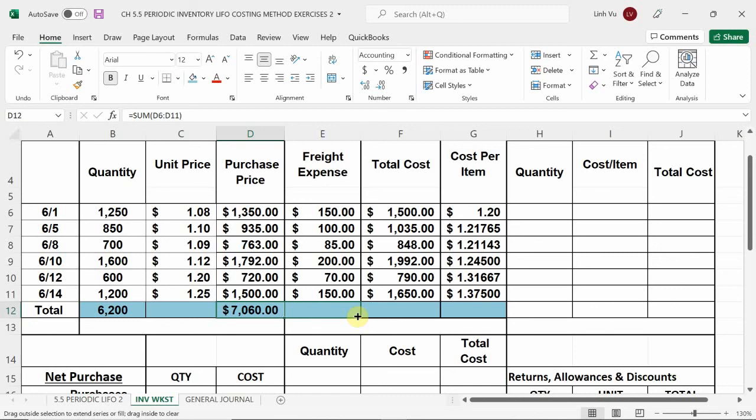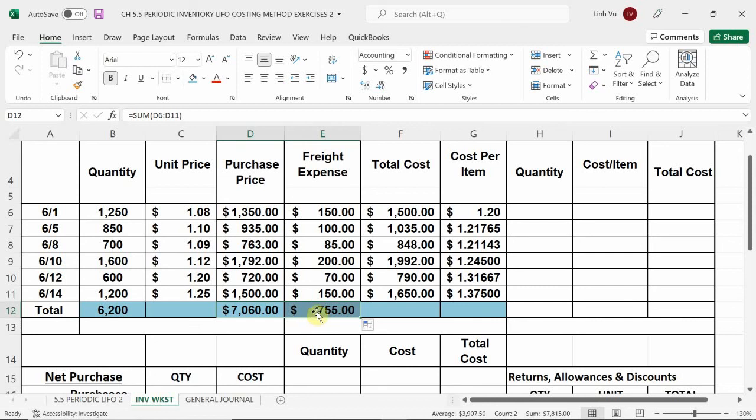So let's see, 150 plus 100, 250, 350, 500, 650. Oh, I missed the 85. So is it 955? What was that?